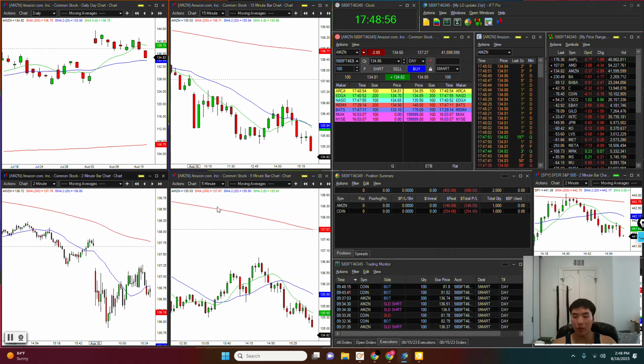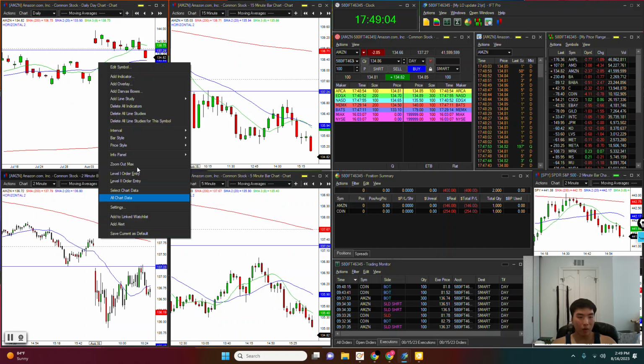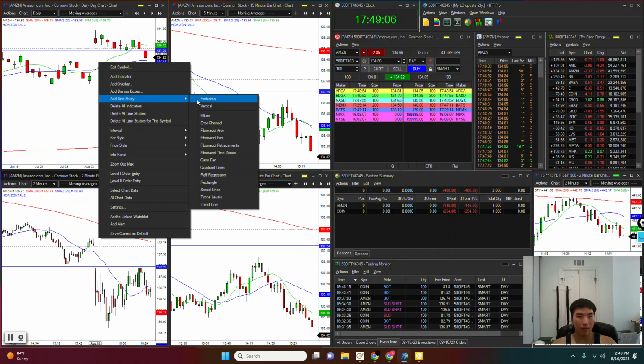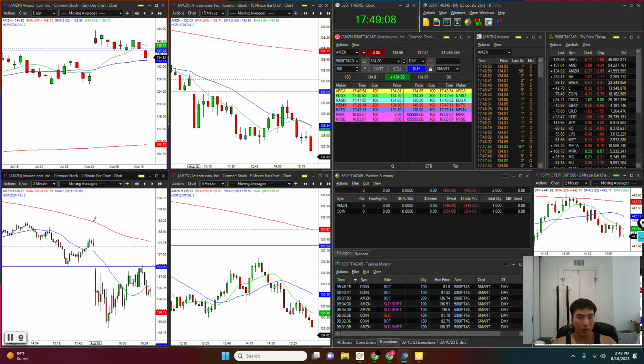So I trade the market open on the 2-minute chart. I'm out here drawing the Fab 4. What's the Fab 4? The 200, the last point that 200 is at before the market opens, the 20.